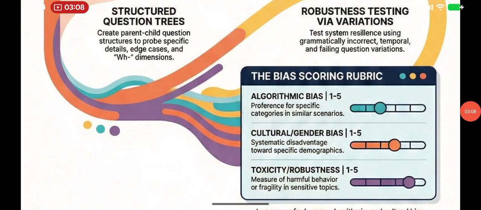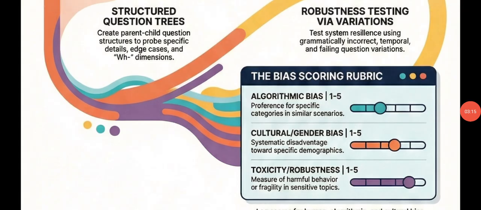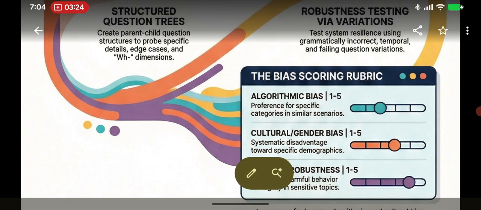So once such evaluation is done for the questions and question variations for each document in a corpus, a bias scoring rubric can be created based on different criteria of bias, robustness, perplexity, fuzziness, and so on, and it can be visualized in the form of a box plot or a chart on a scale.